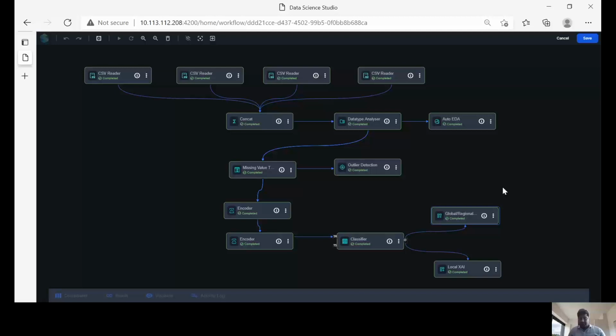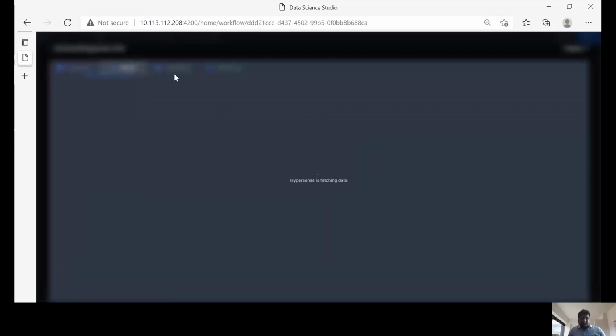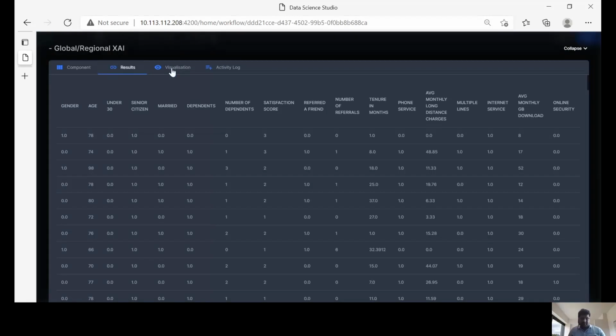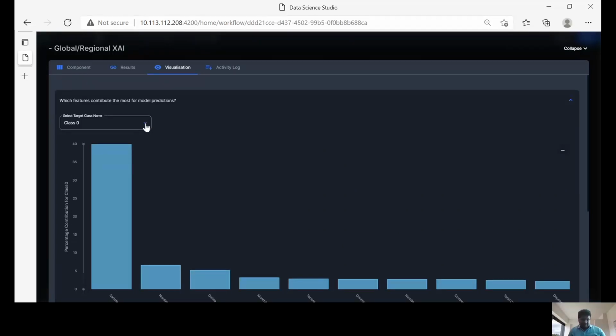So we have a decent, well-performing churn prediction model here, and we additionally use these operators to assess whether this has any bias. Now you have a model in place, and let's understand how each variable is contributing to this model, right? We can look into this chart to understand at an overall level how variables are impacting customers not churning and customers churning.